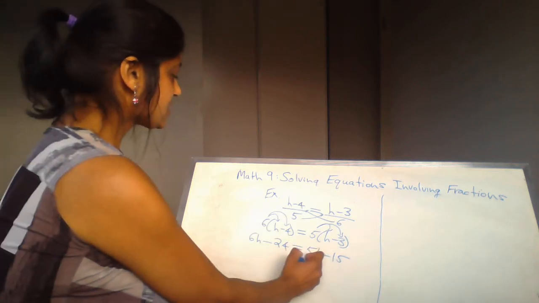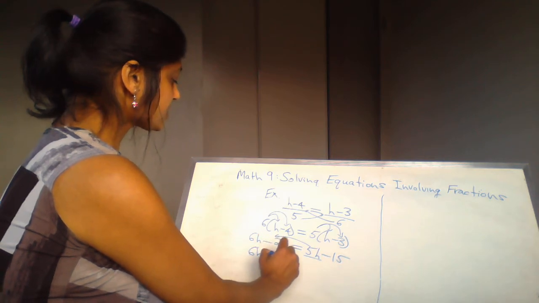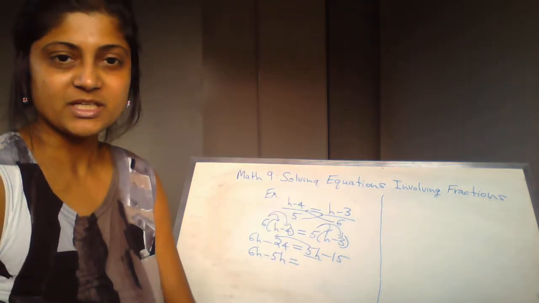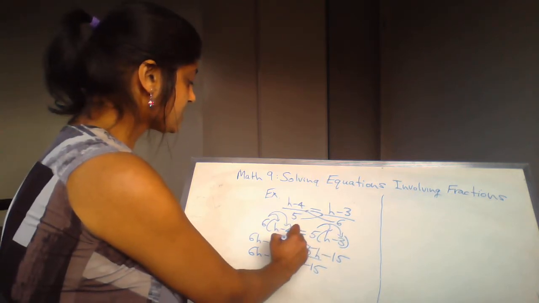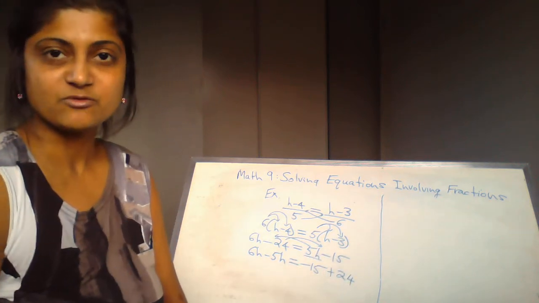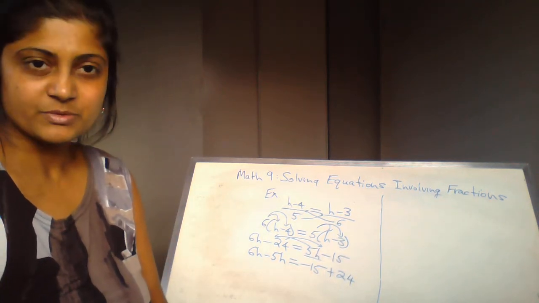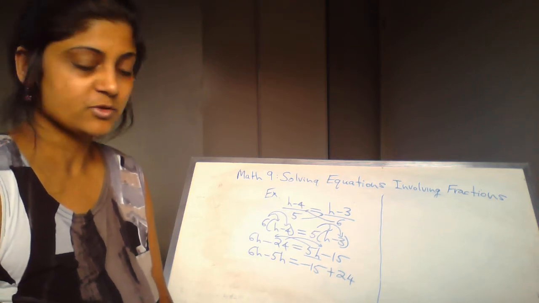Okay, so I'm going to take this 5h to the other side. So 6h minus 5h, okay, equals negative 15. And I'm going to take the negative 24 to the other side, so it's going to be positive 24. Okay, does everyone see that? So you can also do several steps here if you want as well, okay?